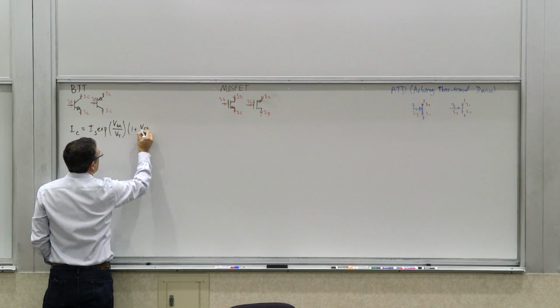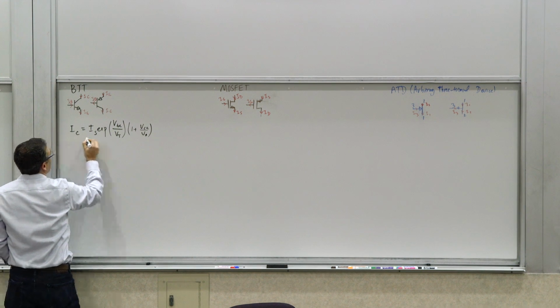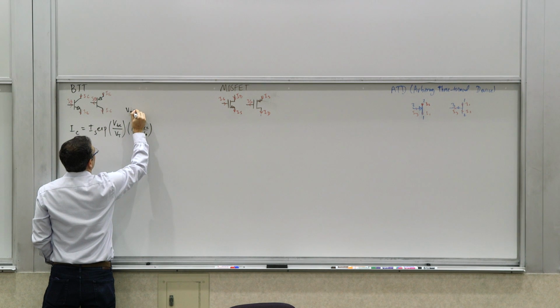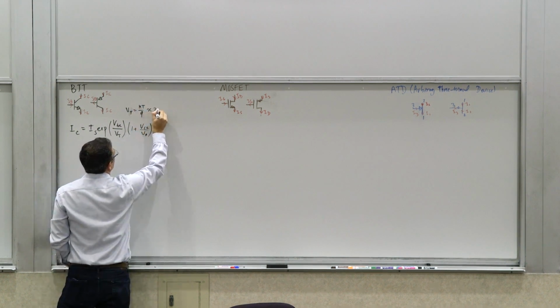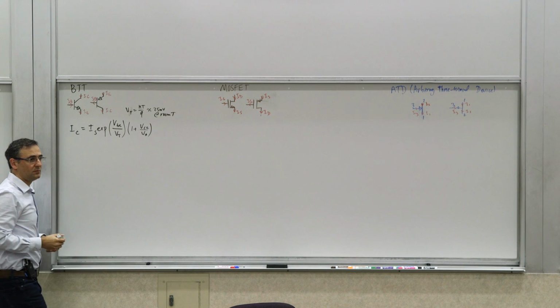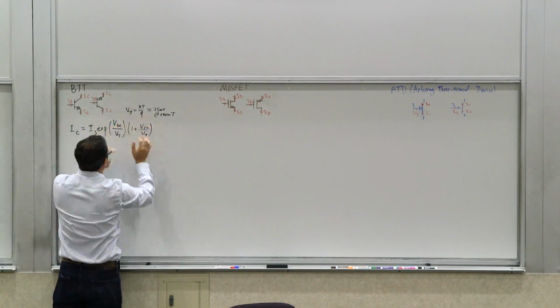So it's going to be VCE over VA. We have developed these expressions before. And we know VT is kT over q, which is roughly 25 or 26 millivolts at room temperature. So the most important part of it is this exponential, and for now we can ignore the other.